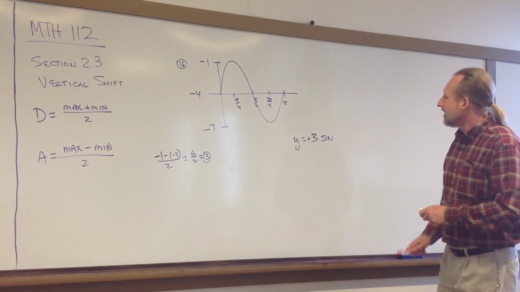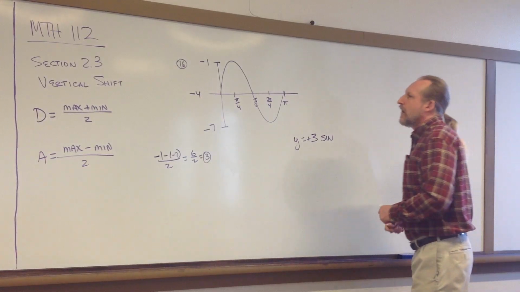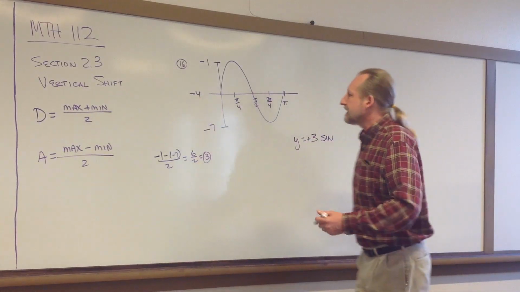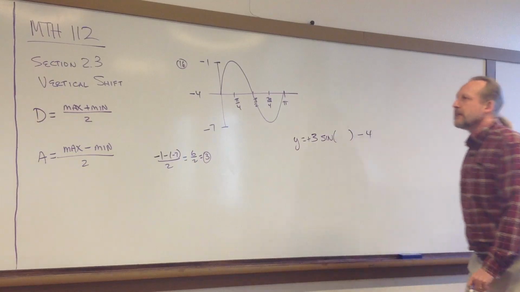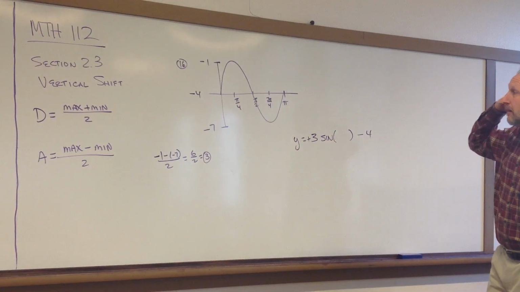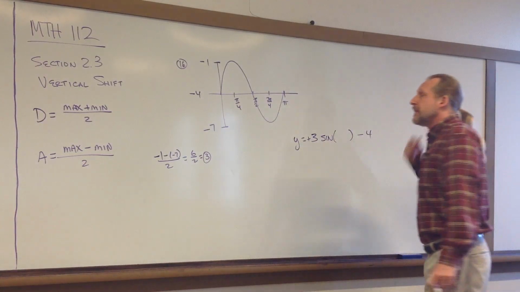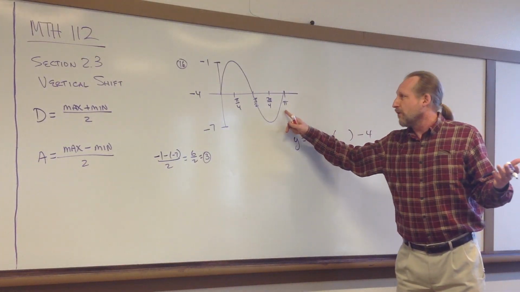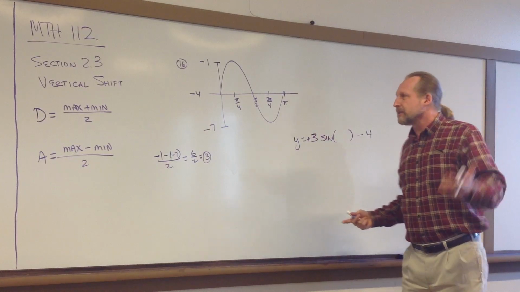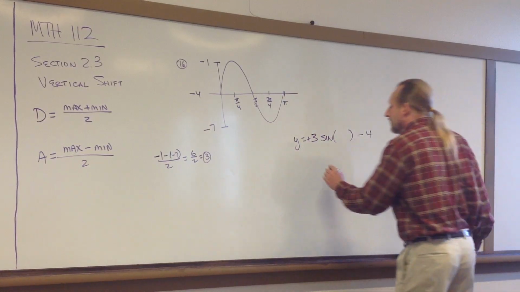All right, let's see here. So there's our value for A. We know our shift is right here. It's -4. So I'll just put an empty parentheses, and then I'll put the -4 on there. Now we need to know the period. At this point, we've done a bunch of these before where the period is pi. That says B is going to be 2, but we can calculate that.